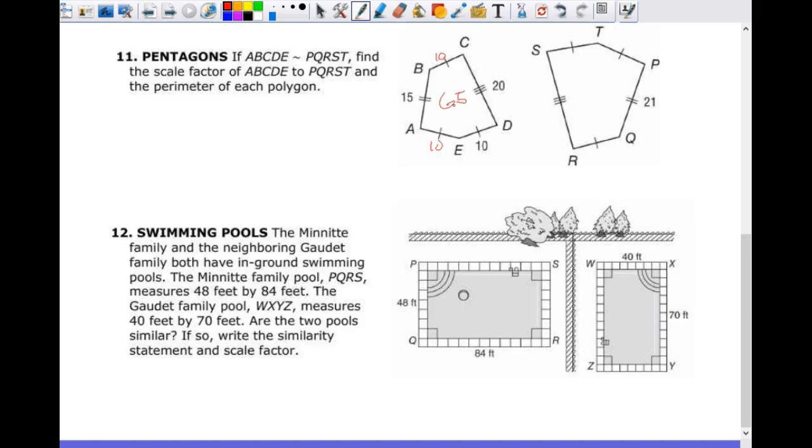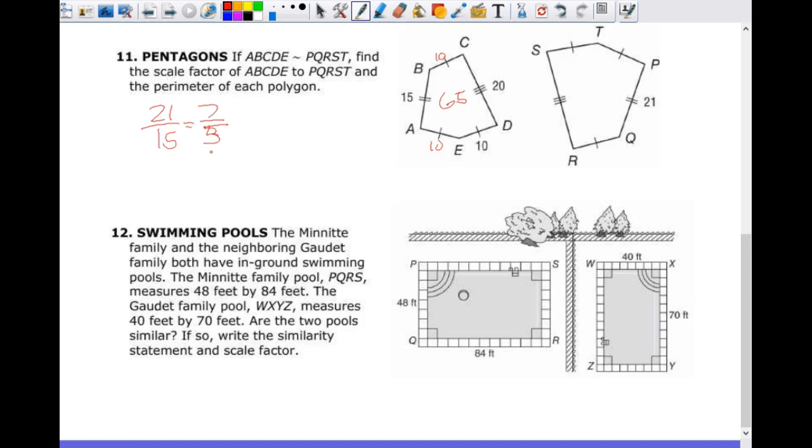We know 21. What corresponds with 21? 2 marks, so it's 15. Common factor 7 over 5.